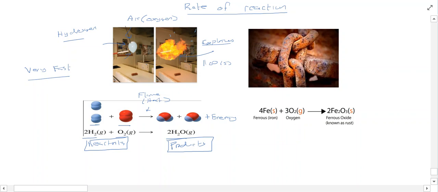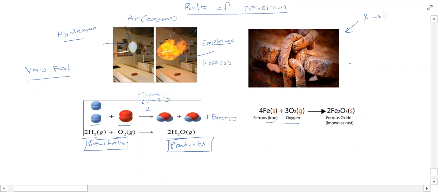Now, on the other hand, if we have a look here, what we have is rust. Again, this is also a change that happens over time. You have metals such as iron. Imagine you have an iron chain in this case.